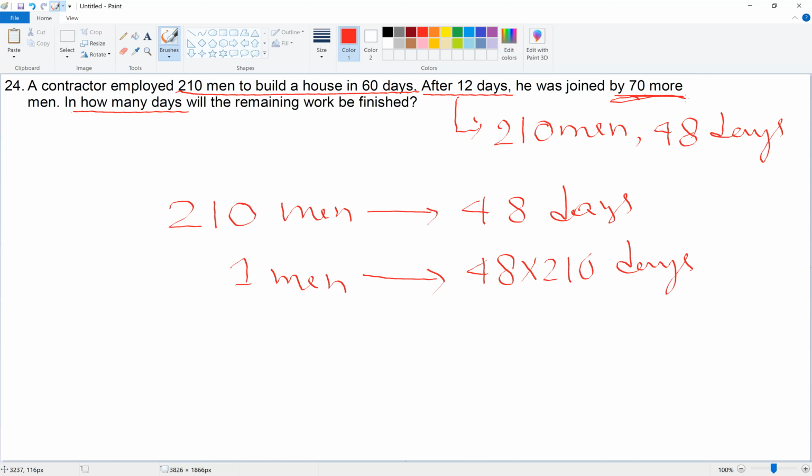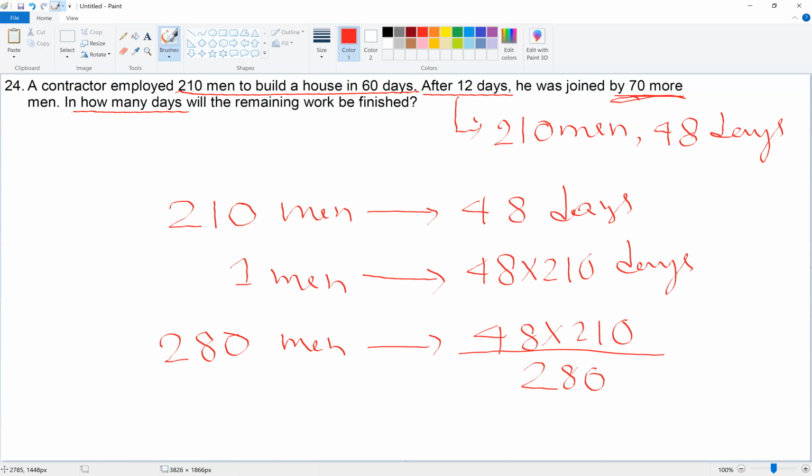So 210 was already there, plus 70, which would be 280, correct? Yeah. So that would be, 0 cancels out, 7 3 7 4 12, which is 36. Do you understand? Yeah. This one was a little difficult.